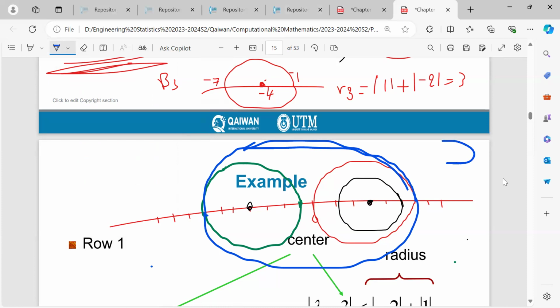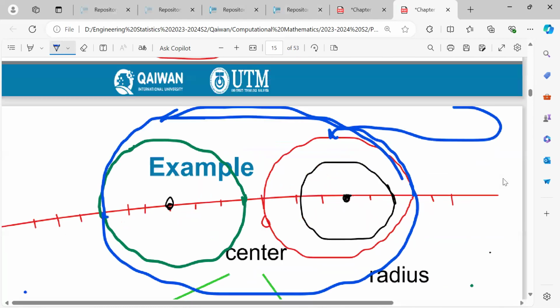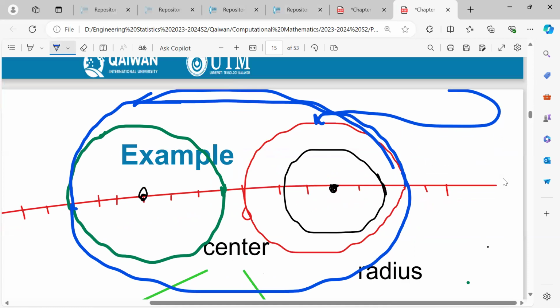Here, this one, the red one, which is B1, means lambda 1 is in that interval. Lambda 1 is from 0 to 6. For the second one, which is the black, lambda 2 is between 1 and 5. Lambda 3 is between -7 and -1.